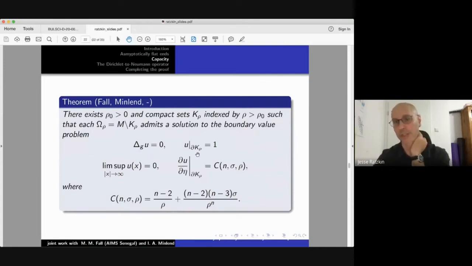I have a harmonic function with boundary values 1, with the appropriate decay to infinity, and with constant normal derivative. And I can even work out what that constant is. It's this thing here. We'll see later on that there's not much choice.